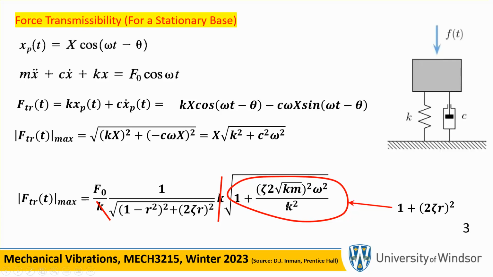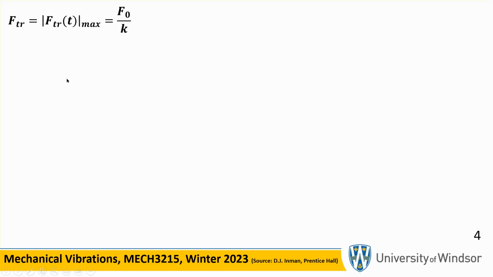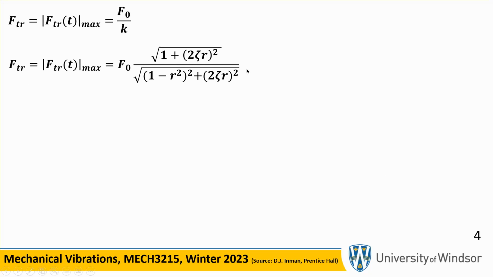And m over k is just 1 over omega n squared. That's what I really meant, okay? And notice that we have omega squared over omega n squared, so that's how you get the r there. Basically, algebra is going to give you this, okay?